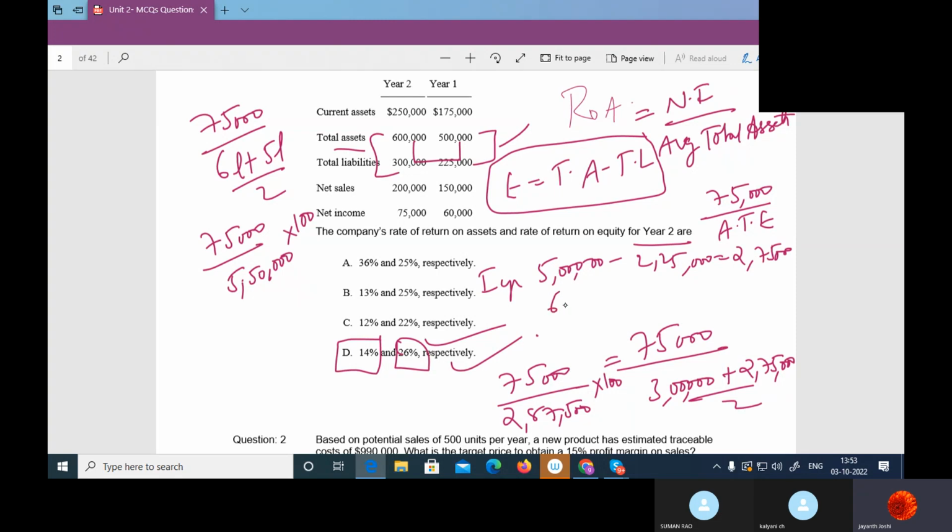Second year it is 6 lakhs minus 3 lakhs, you get 3 lakhs. So you have equity of year 1 and year 2. If you add and divide by 2, it will be the average, and then you can find the ratio. Correct? Then do it fast and let's go for the second question.